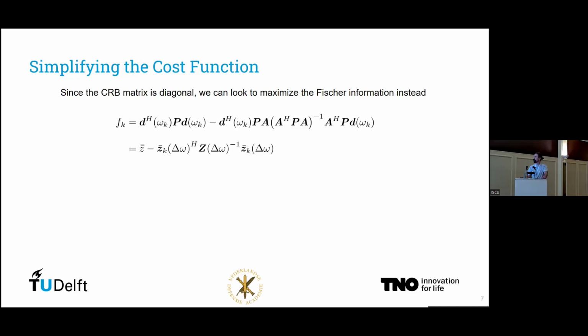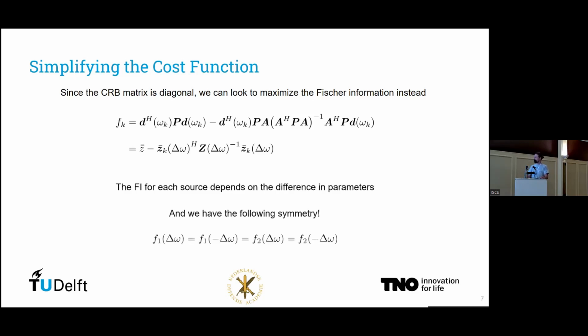Overall, for the two target case with a linear array candidate set, the Cramér-Rao bound only depends on the differences of the angles of arrival, which reduces the size of our problem, which is very nice. I also want to add that this works for any linear array candidate set. It doesn't have to be uniform, but just linear. Then we also have some nice symmetry, which was kind of to be expected.